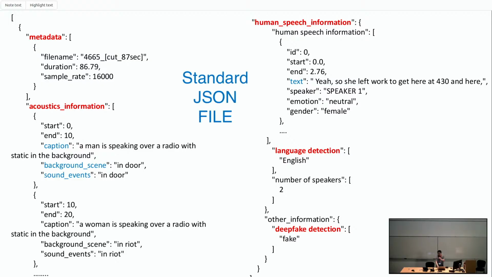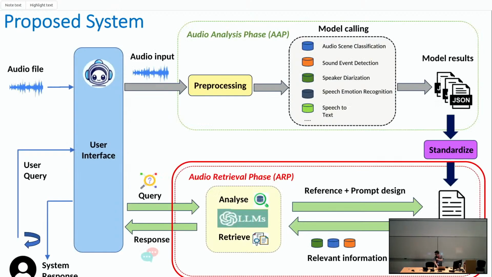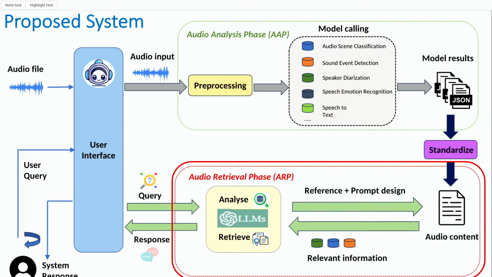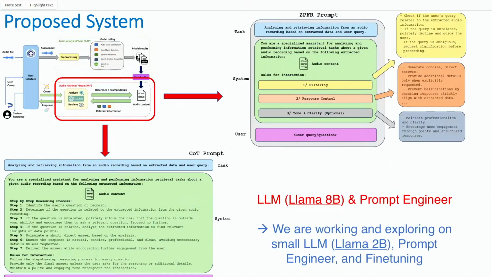This is the standard JSON file. I mean, we have many models and one JSON file per model, and we integrate our own JSON files into one JSON file. We call it the standard JSON file. And the final component is the audio retrieval phase. In this component, we make use of a large language model to interact between the user and the JSON file. We try two types of prompt engineering, chain-of-thought (COT) and zero-shot prompting.